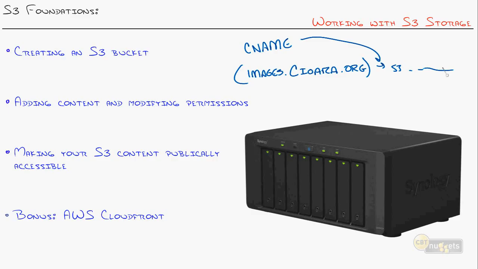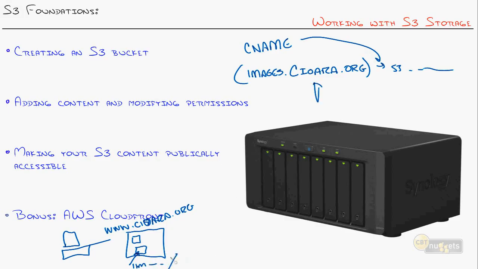Because here's what happens: when somebody on their computer opens a web browser and goes to my website, we'll say www.chara.org, it's got a web page and it'll have images on there, and the URL for those images will be images.chara.org/besafe.jpg or whatever my image is.